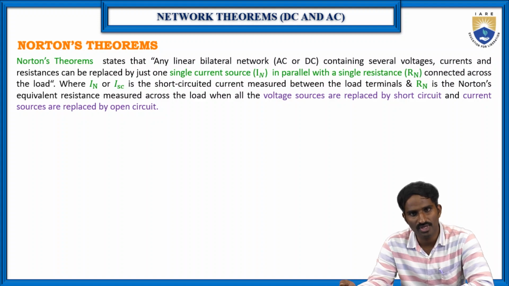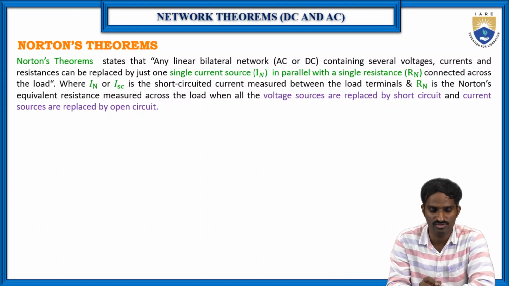In the Thevenin's circuit, the elements are V Thevenin's, R Thevenin's and RL. But here, instead of V Thevenin's, we have IN, which is Norton's current, and also a Norton's resistance. But here the Norton's current and Norton's resistance are connected in parallel with the load resistance. That is the only difference between the Thevenin's and the Norton's theorem.